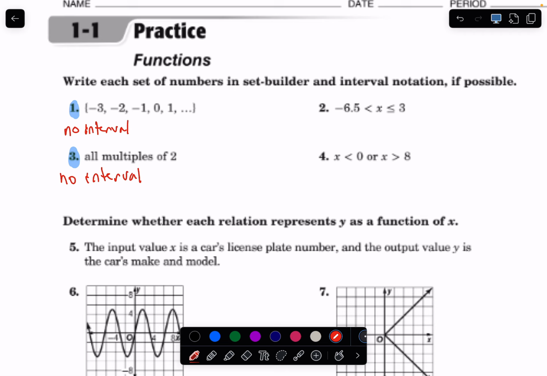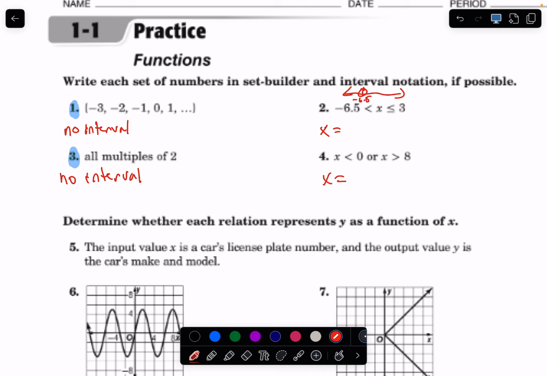Okay, so let's do the intervals first because the intervals are important. Let's do 2 and 4's interval. For interval notation, you put what the variable is, so x equals, in this particular case. If they use n, use n. If they use m, use whatever variable they use. They'll probably use x's or y's. Then we think about what it would look like on the number line, like this one.